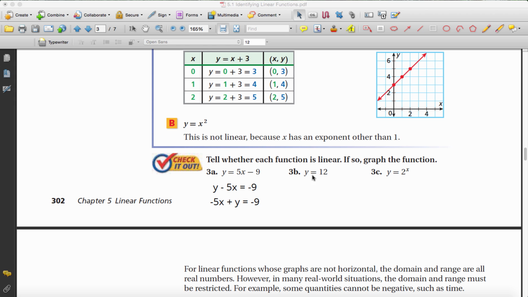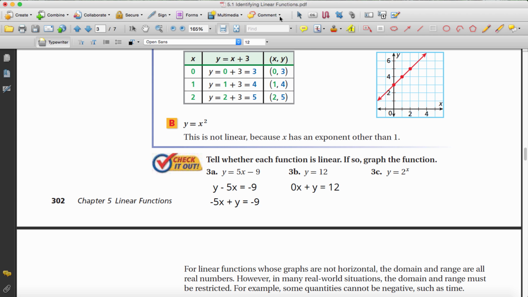Well, okay, what about y equals 12? Is that a linear function? Well, the answer is yes, and here's the reason why. Notice that there is no x value here in the function. Let me show you what that means.